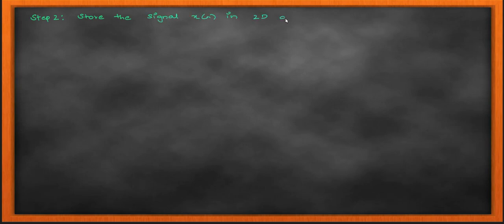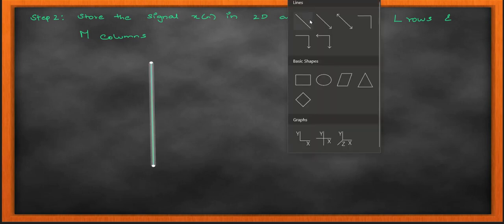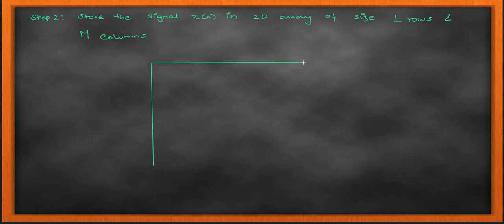Now, the first step was factorization of N into L and M. Your second step is that we are going to store our one-dimensional signal as a 2D array. Since we are factorizing a one-dimensional signal of length N into L times M, we are going to store it such that the first factor, L, represents the rows and the second factor, M, represents the columns. Understood? That is how I'm going to store it.